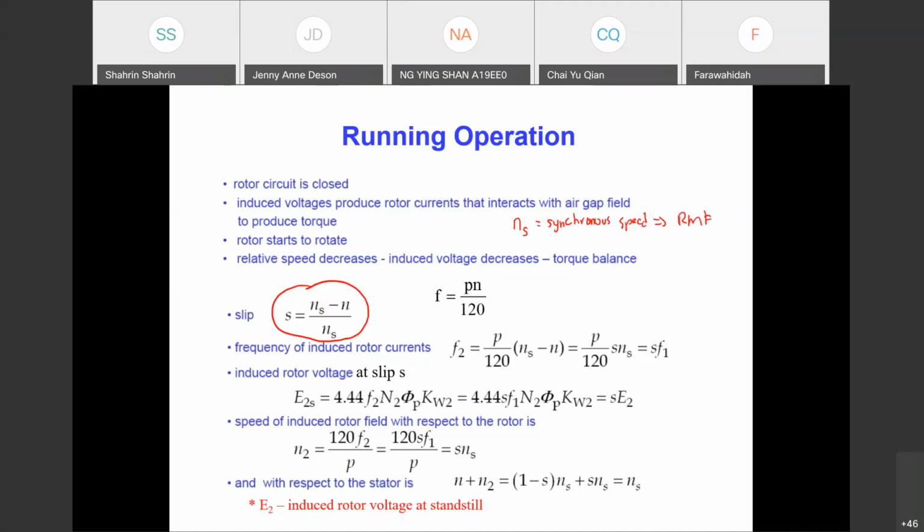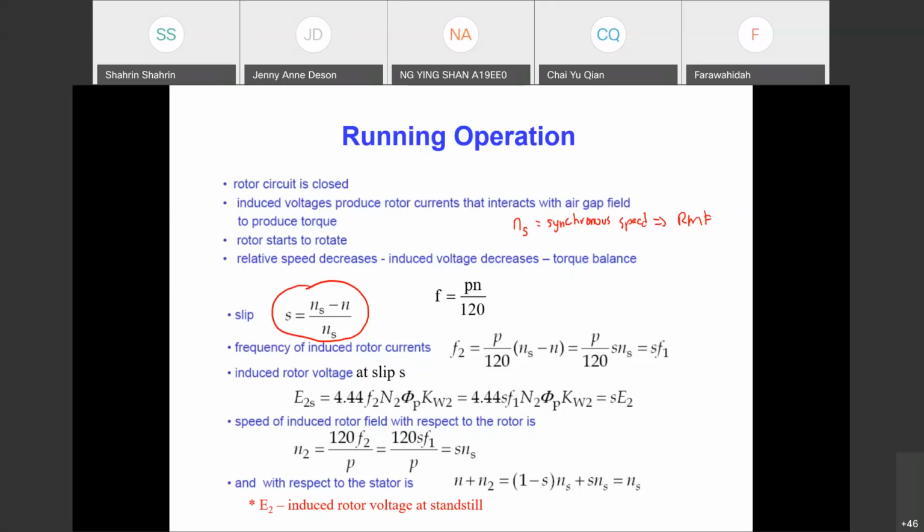If you can see from the video, the stator will produce flux, and because your current and voltage are AC, sometimes positive and sometimes negative, it will produce a rotating magnetic flux.